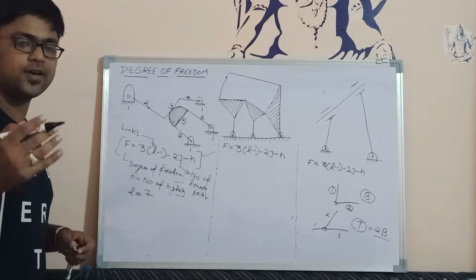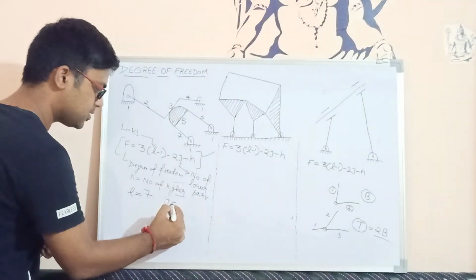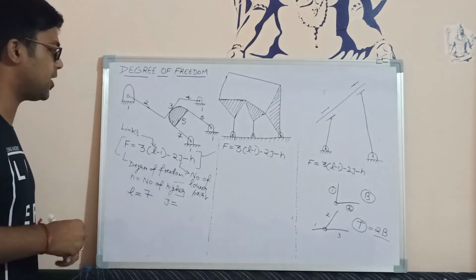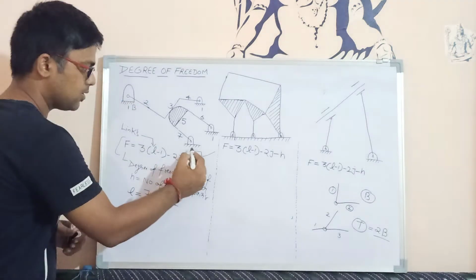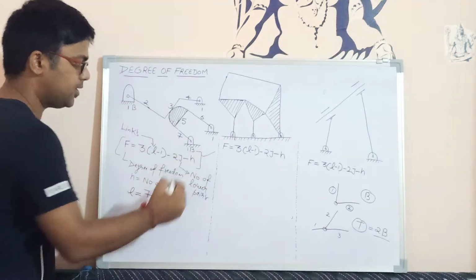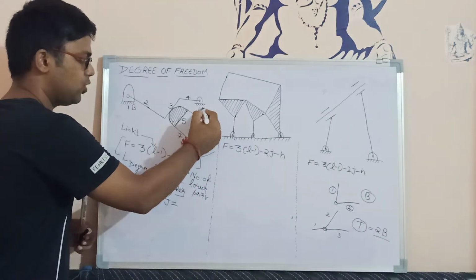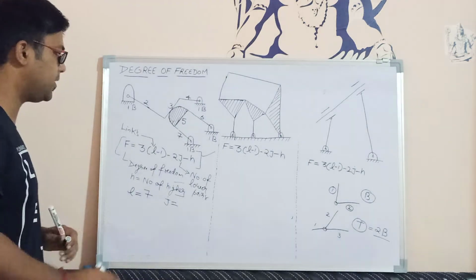Clear? If I have to find the number of joints, how many binary joints are we having? This is going to be my first binary joint, my second binary joint, my third binary joint, my fourth binary joint. Clear? So 4 links are fixed, there are 4 binary joints.